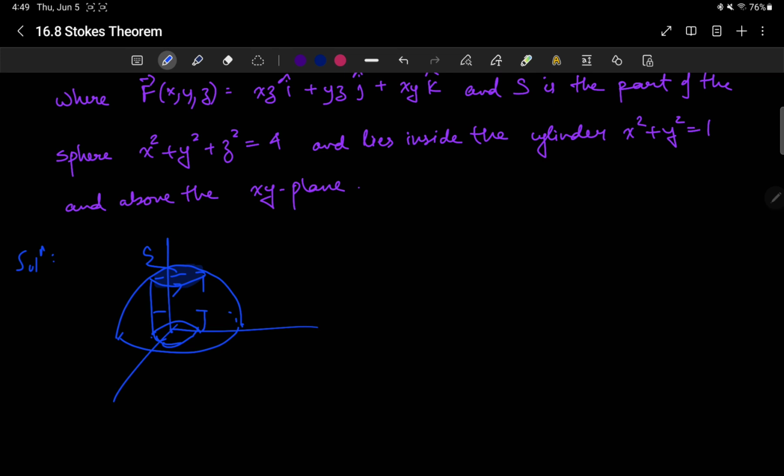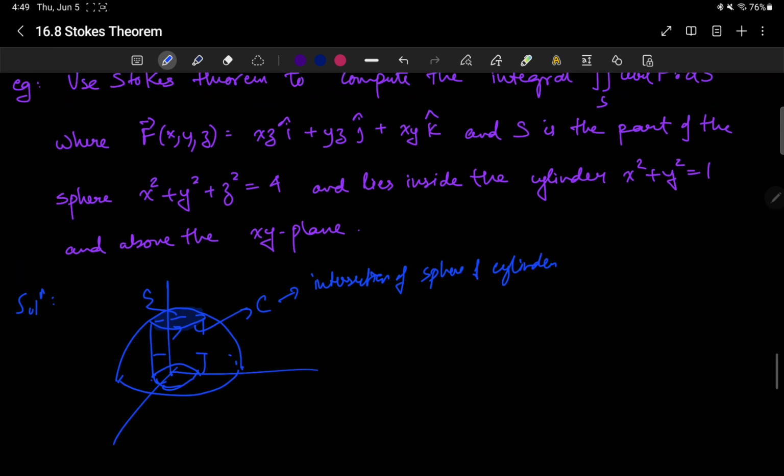Okay, so first of all, we need to find this boundary curve C, right? We need the equation of C. So this boundary curve C is the intersection of the sphere and the cylinder. What do we know about these things? We know x squared plus y squared is 1, and x squared plus y squared plus z squared is 4.